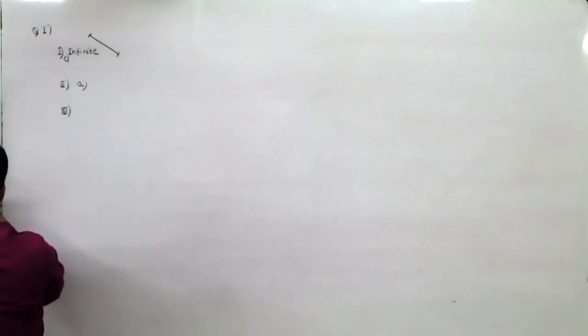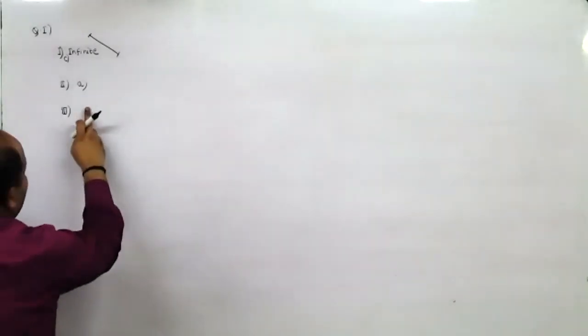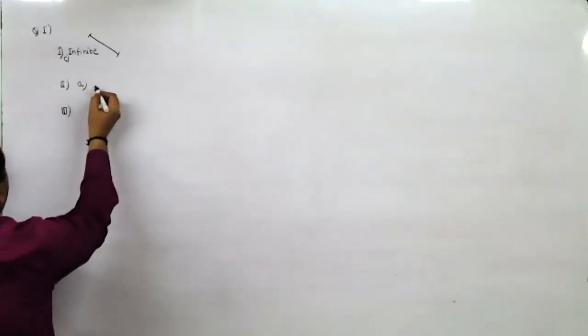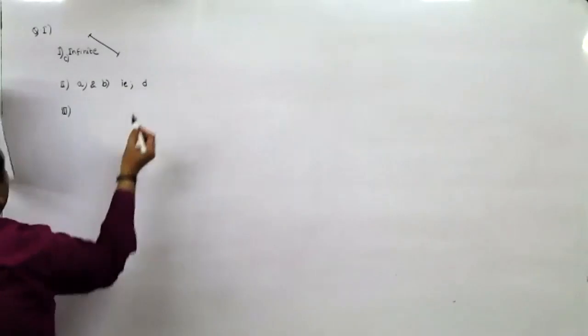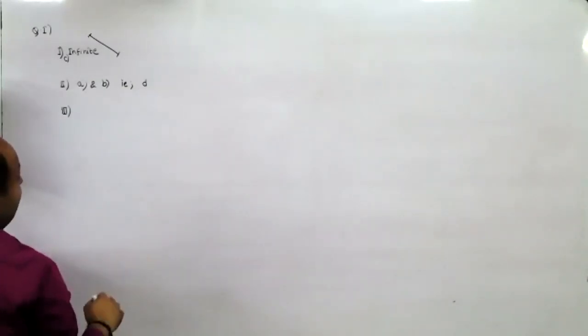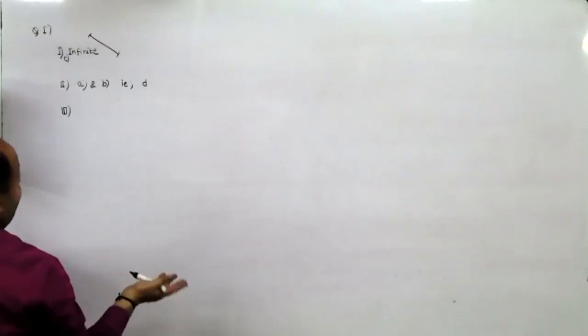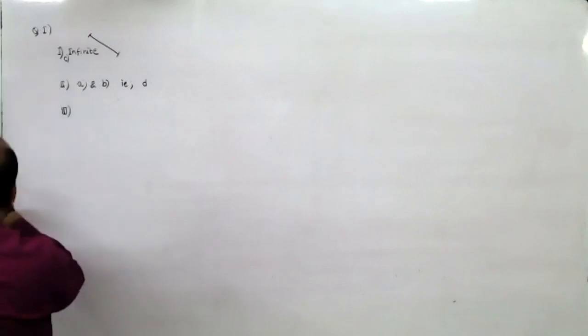When I say all the constraints, it would involve even the non-negative constraints. Not by non-negative, they are meaning x equal to 0 and y equal to 0. Therefore, A and B, that is, it would be D. Non-negative means it may not be positive, it may be 0.